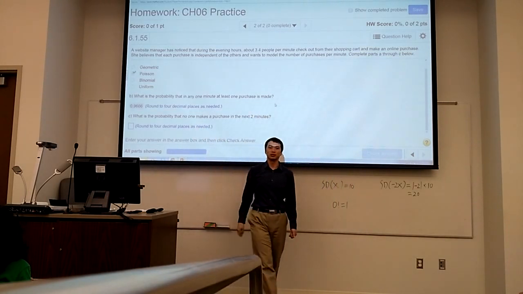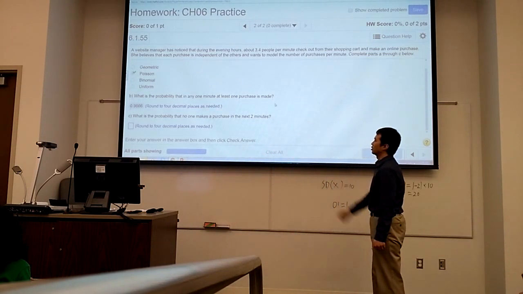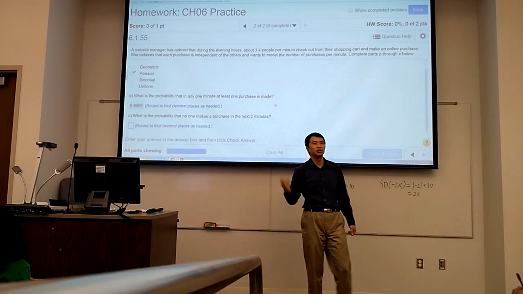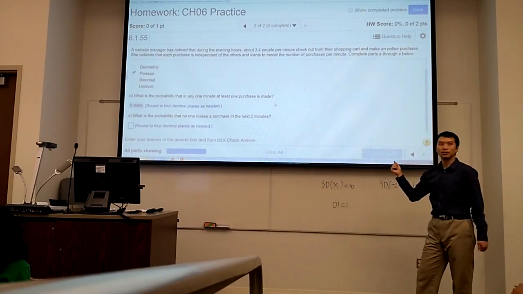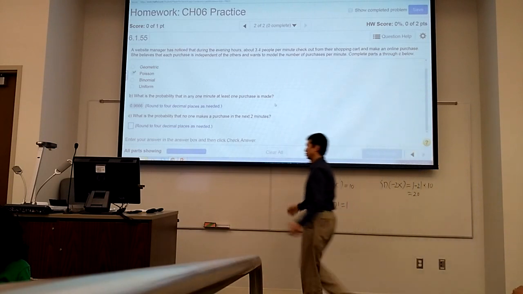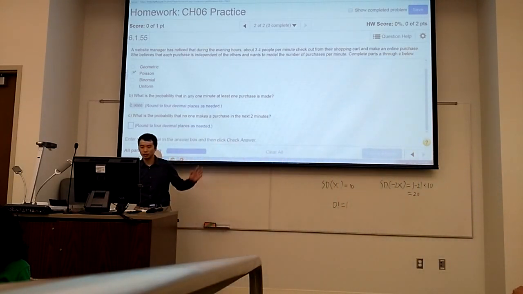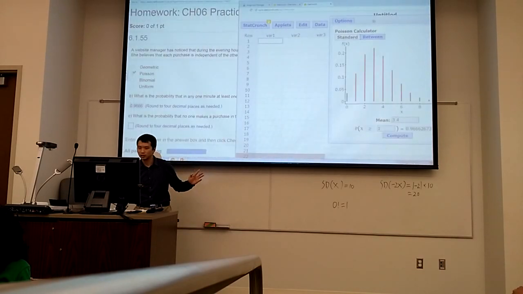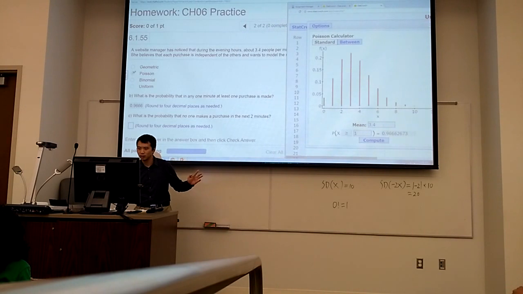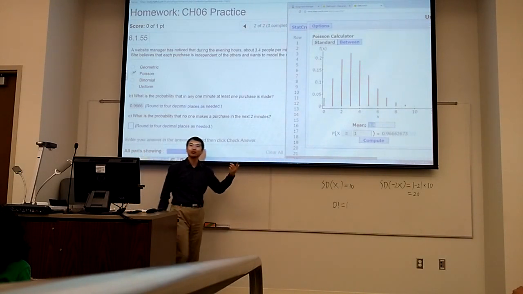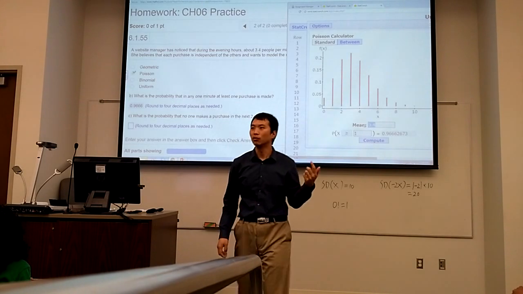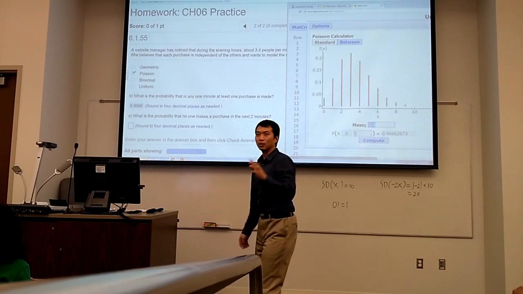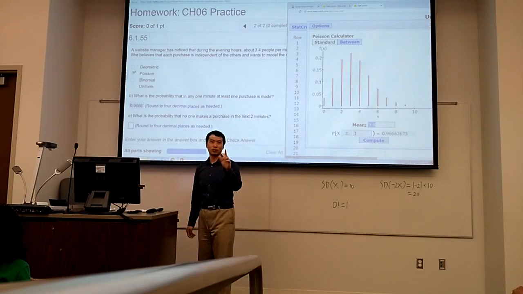So next question. What's the probability that no one makes a purchase in the next 2 minutes? This question is a little bit tricky. How about you tell me how to do the calculation? First of all, what does it mean? 3.4? So everyone agrees 3.4, right?